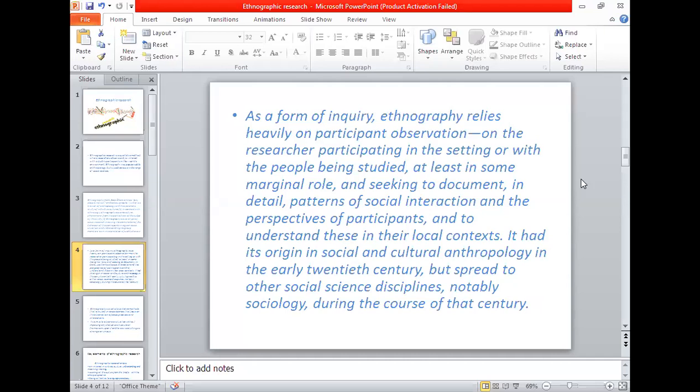Ethnography is a major type of qualitative research. Qualitative research can be used in different fields of study, especially in social sciences, where sociology, social psychology and anthropology are there.